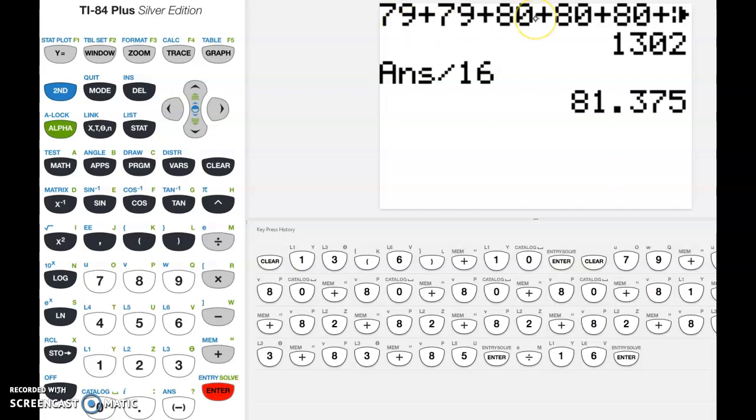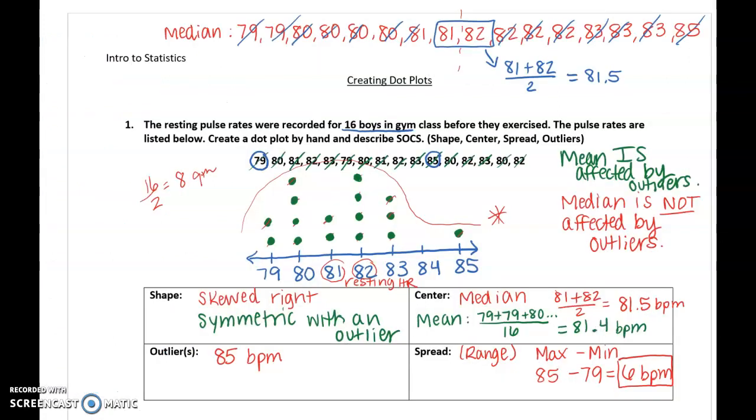I typed it all in on the top. I got 1302, and I divided that by 16, so my mean is 81.375. I went ahead and rounded that to 81.4 beats per minute. Now if you look at the data, it makes sense because this is approximately symmetric, and that means your mean and your median should be very close to each other.